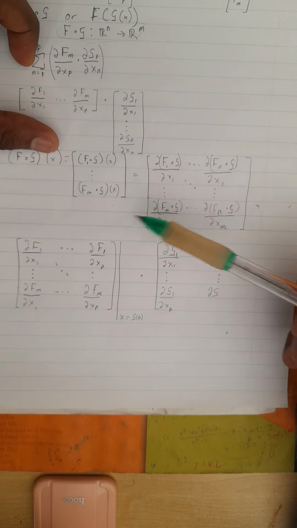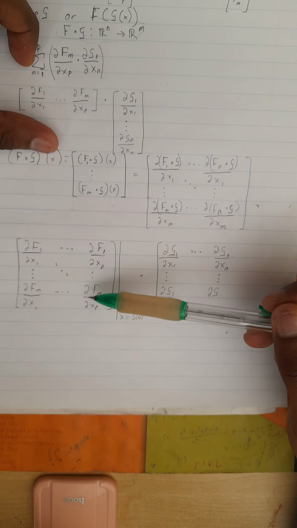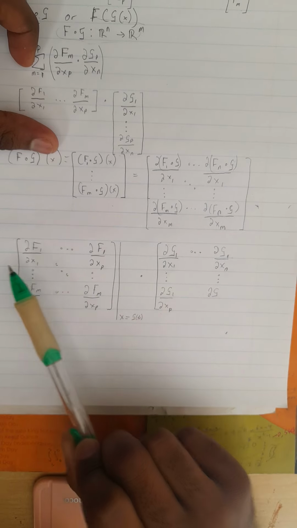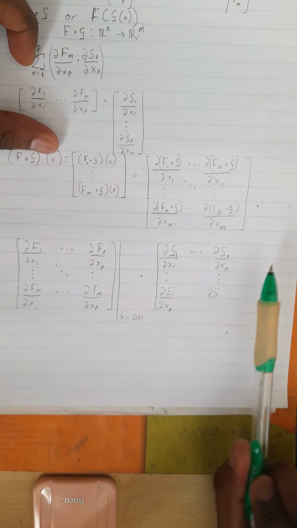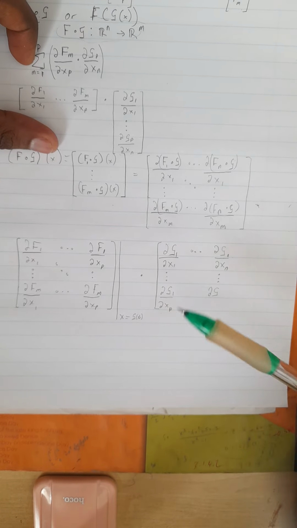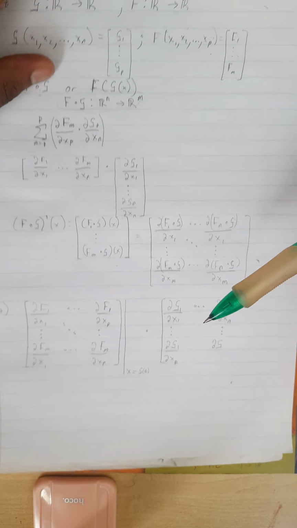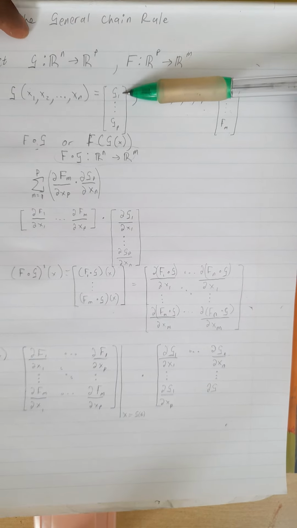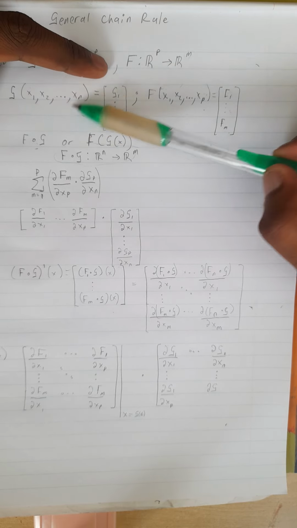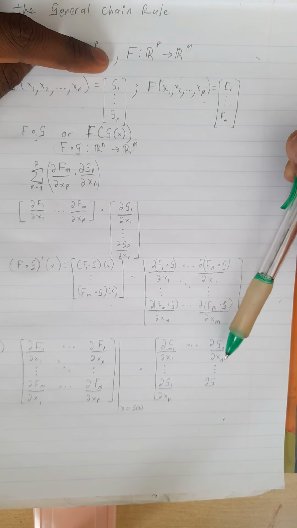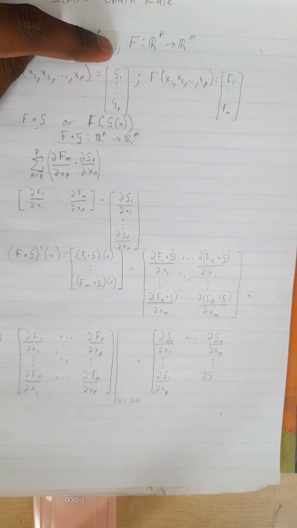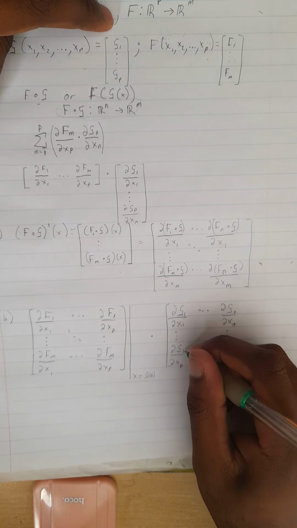So I think I see an inconsistency here. No, there's no inconsistency. We're taking the partial derivatives row by row. So the first row is going to have the first set. So what I mean by that is, can you see that its output, for example, here is g1. g1 is going to definitely contain variables x1, x2 up to xn. So this row is basically taking the partial derivative of g1 with respect to all of those. So it's going to be the same idea here.